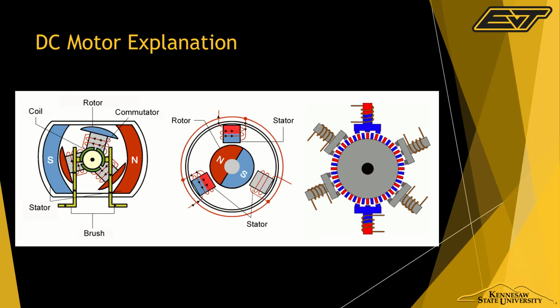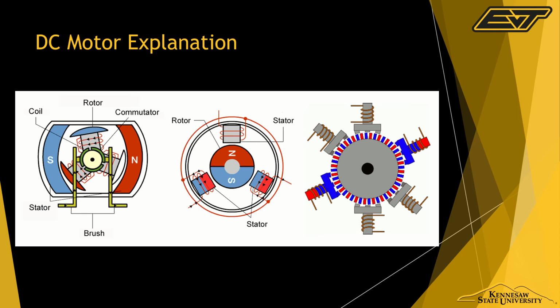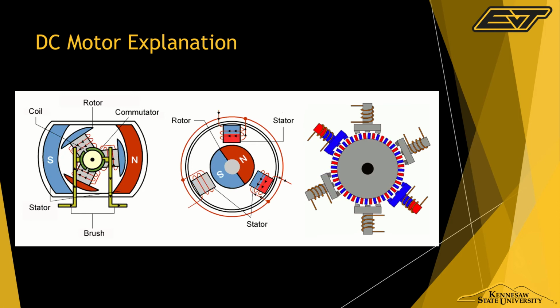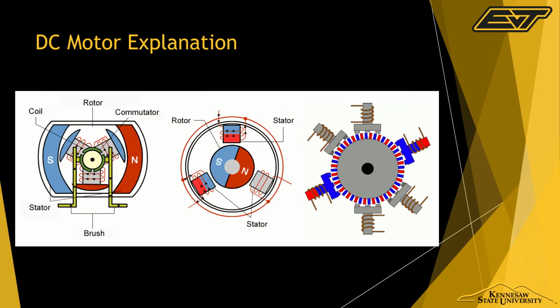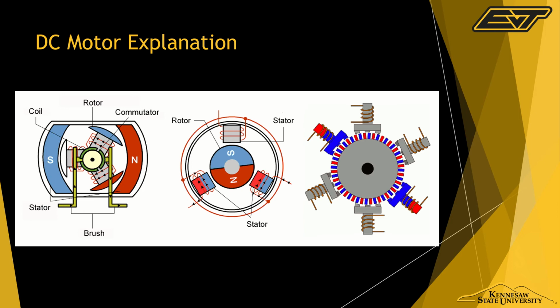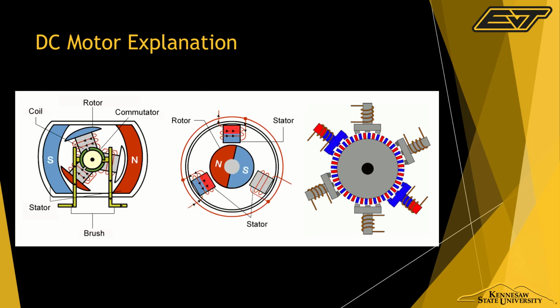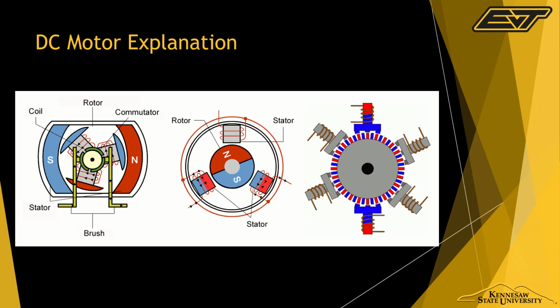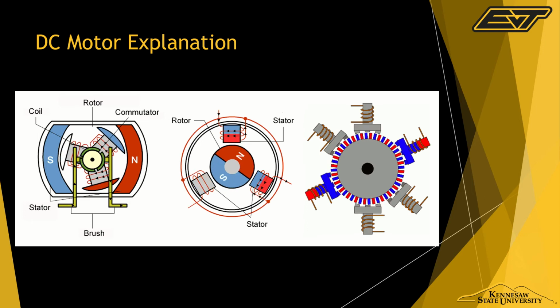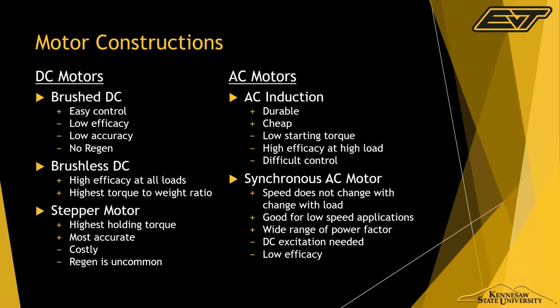Generally, those will operate at slower speeds, so that they can keep track of the steps. If one has a feedback sensor on it, then it would be able to go at higher speeds, but generally you'll see them at lower speeds.